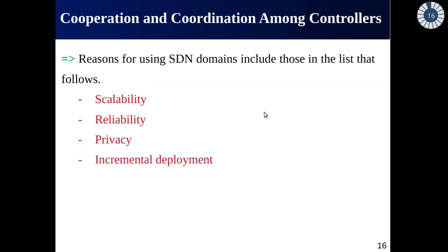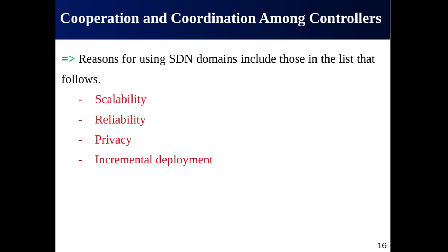Here are the advantages or the reasons for using more than one controller or for using distributed controllers. The first one is scalability. The number of devices an SDN controller can manage is limited.